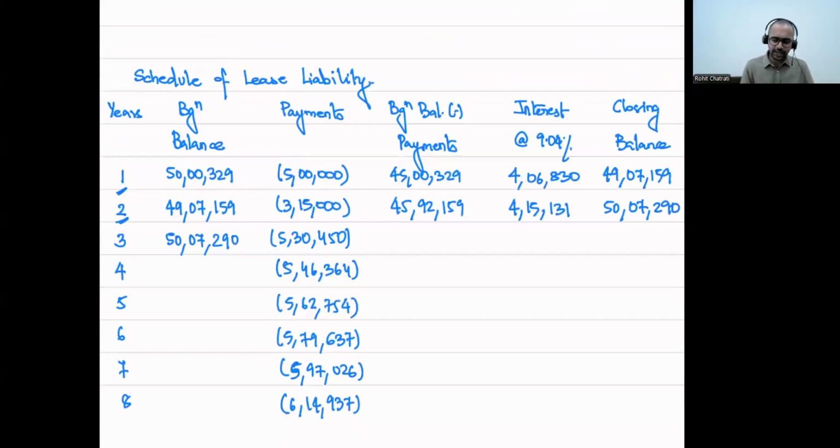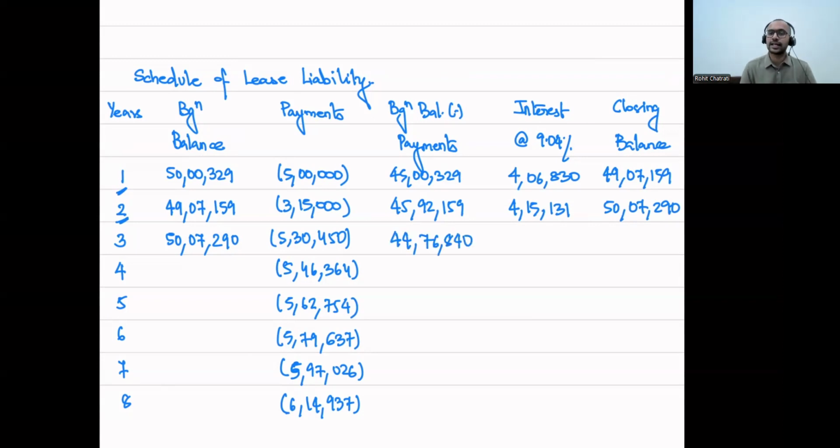For year three, at the beginning we had a lease liability of 50 lakh 7,290, and then we made a payment of 5,30,450, and therefore 50 lakh 7,290 less 5,30,450 is equal to 44 lakhs 76,840.